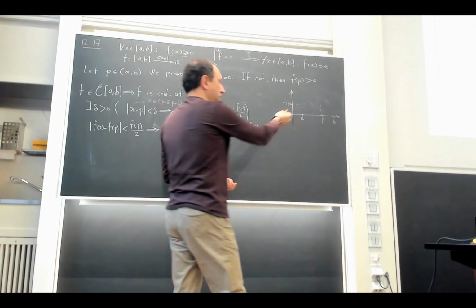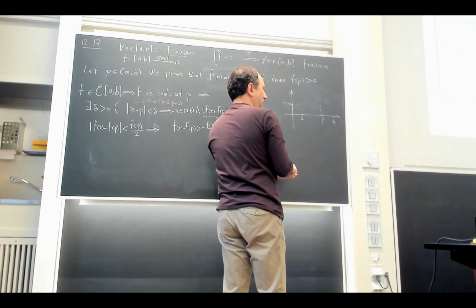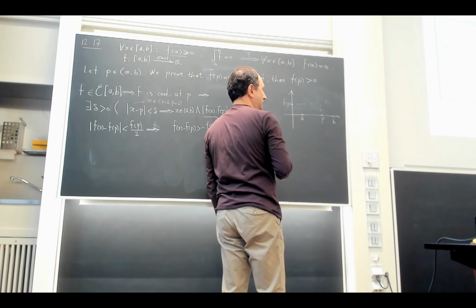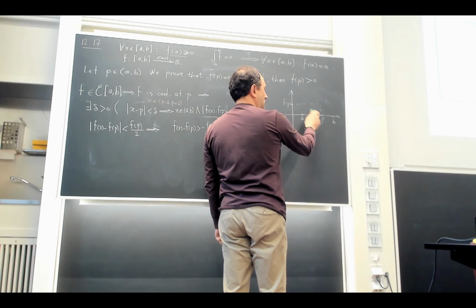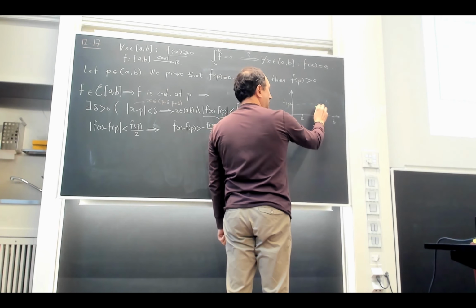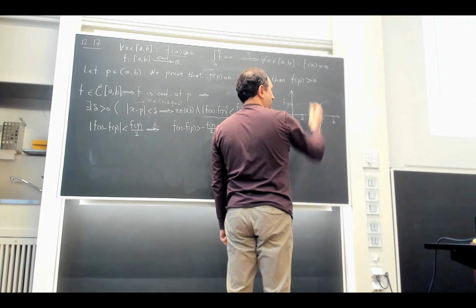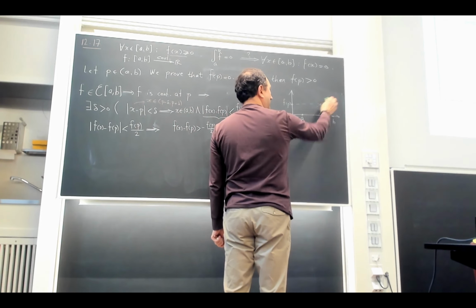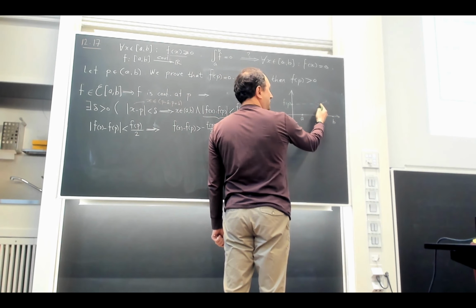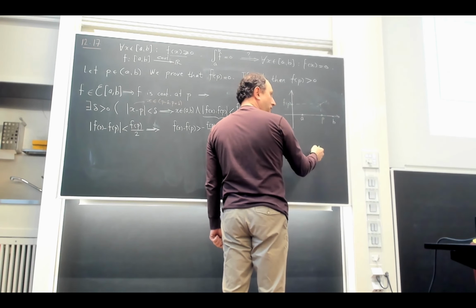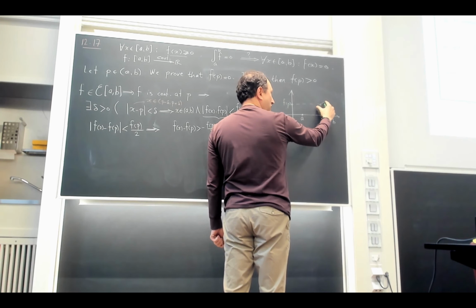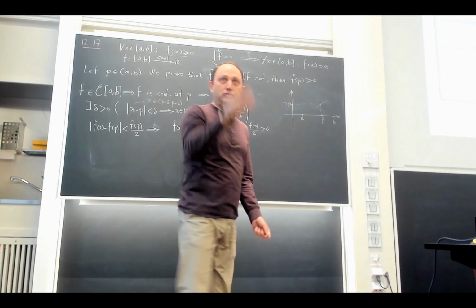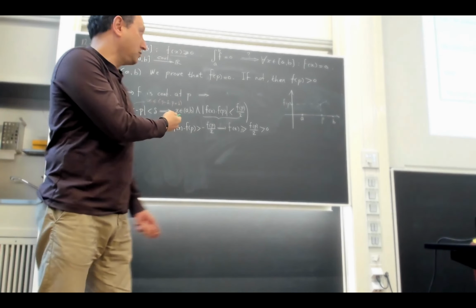By the way, it's extremely intuitively clear. If you have a continuous function, it means that you have a little bit of graph around that point, and if f of p is positive, because it is continuous, it cannot suddenly become negative. It has to remain positive around that point. This is the rigorous way of saying that.